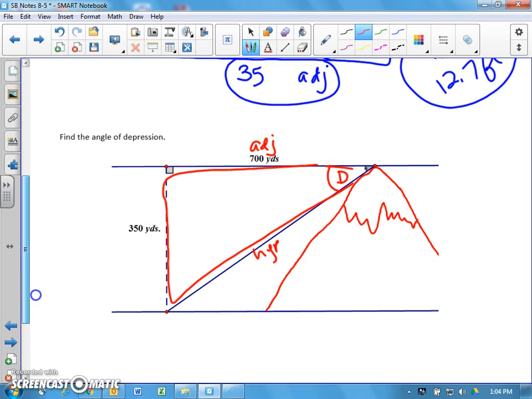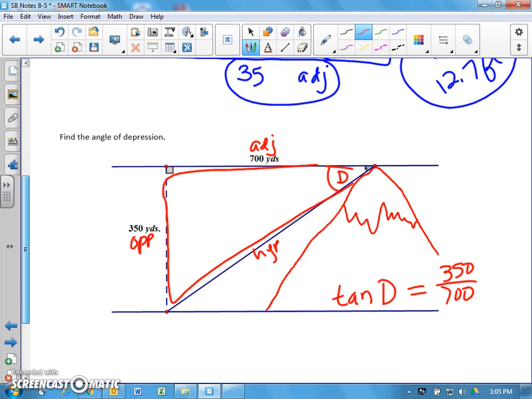Here's my hypotenuse, and here's my opposite. So again, in this case, we have O and A. We want tangent. So we're going to set this up with tangent of my angle, which I don't know, so I'm just going to call it D for angle of depression, is equal to opposite over adjacent.